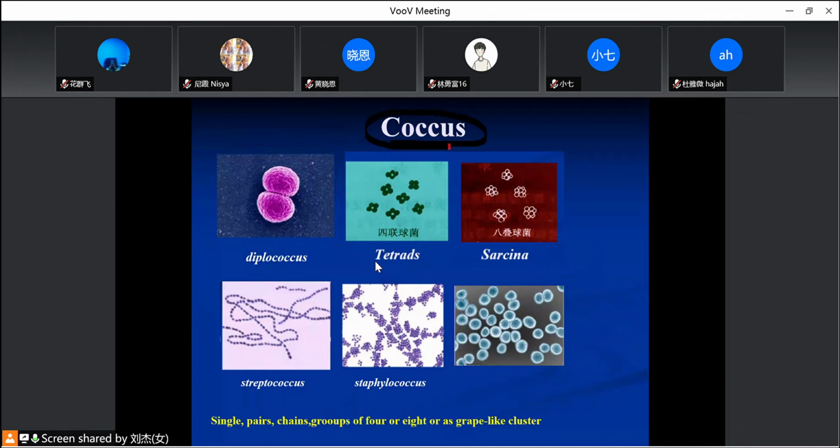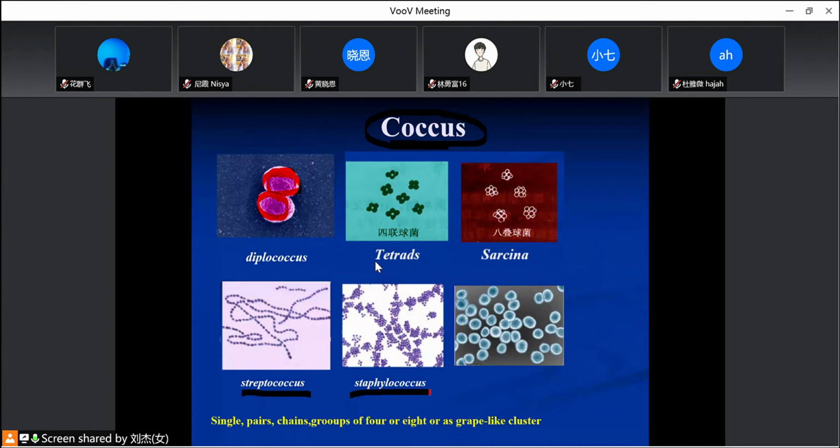So first, let's see this one, coccus. As we introduced in the first picture, some cocci are formed by two bacteria. Two single bacteria together are called Diplococcus. You can see a couple of them join together, then four bacteria join together, which looks like a flower, right? And then there are eight bacteria joined together. Now let's see these two words.